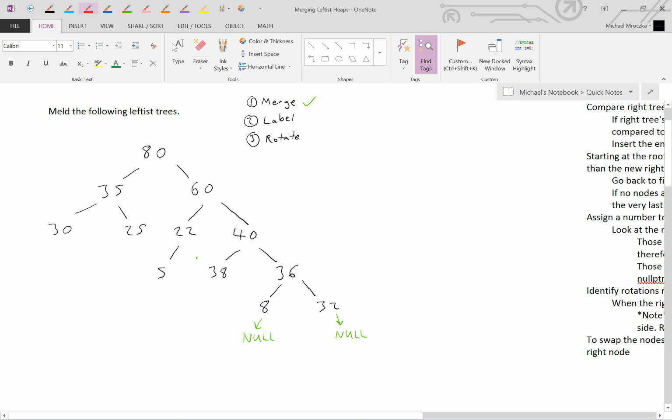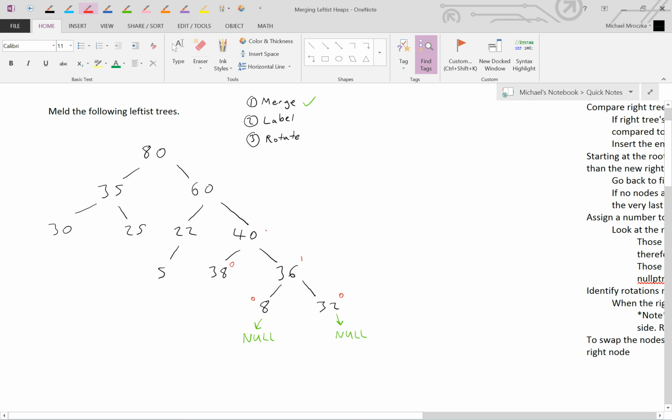So we look at 32. 32 is at null, so we mark it as 0. 36. Well, 36 is going to have to go to 32, and then it'll be at null. Okay, so that means it'll have to be 1. Now 38, this is going to default to being at null. And 40, now we're looking for the fastest way for it to get to null.